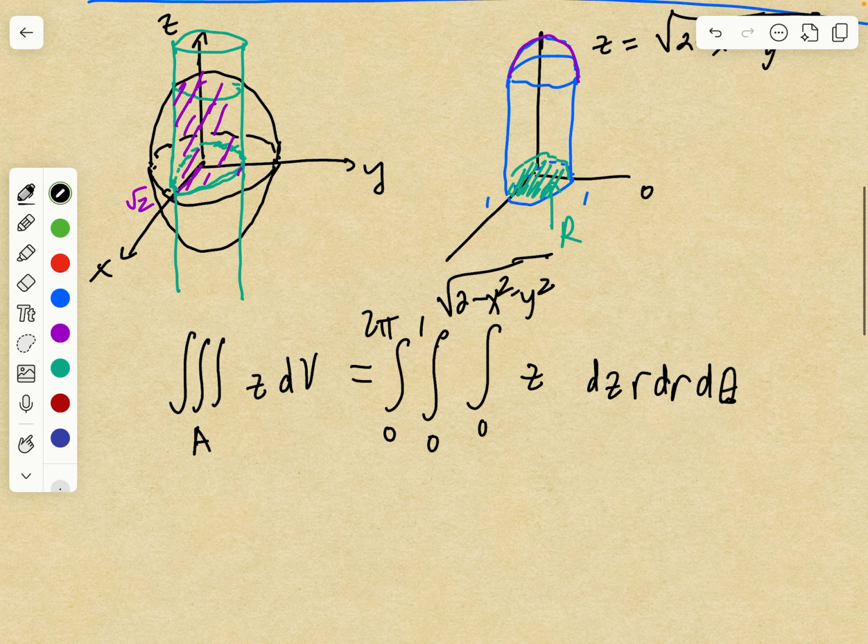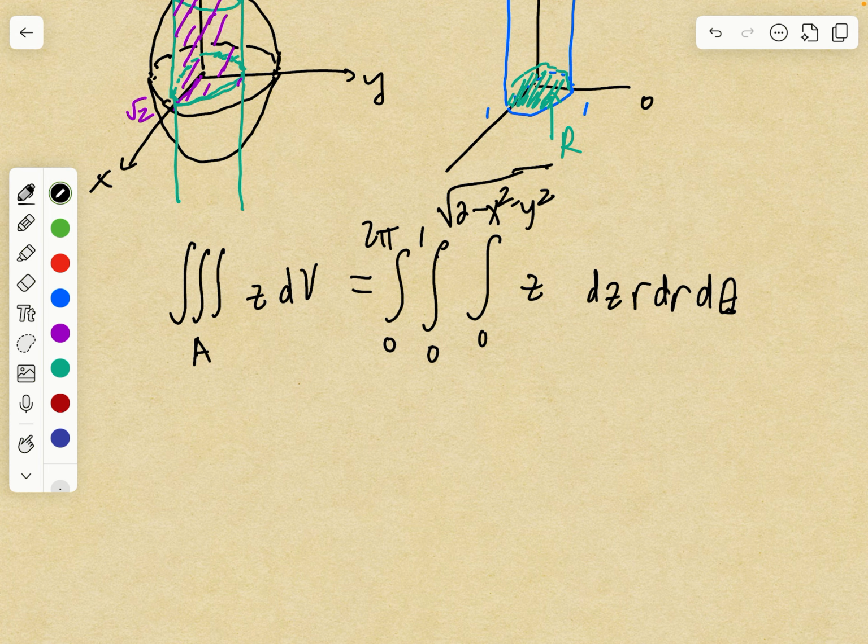So when you have something like this where z goes from one function to another function, and then the region at the bottom is a disk centered at the origin, and you use polar coordinates for that, the triple integral is cylindrical coordinates. Okay. So now that we have set this up, we want to replace x and y in terms of r and theta.